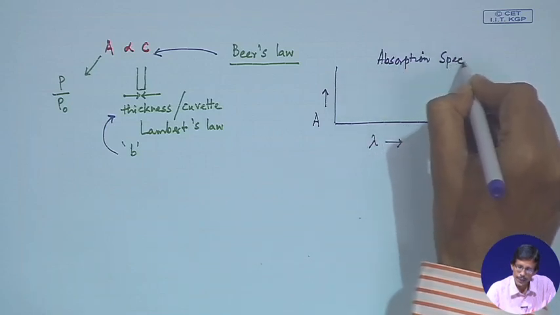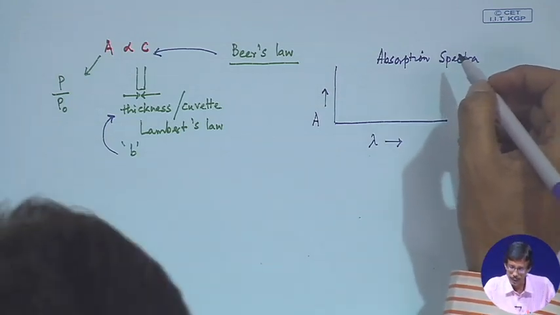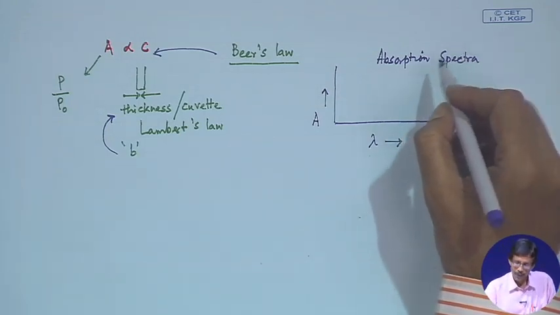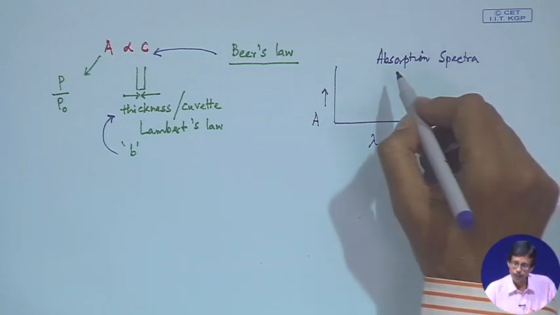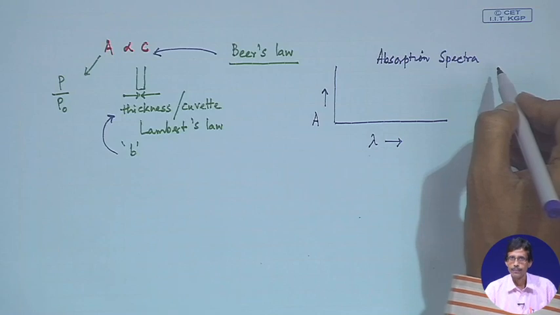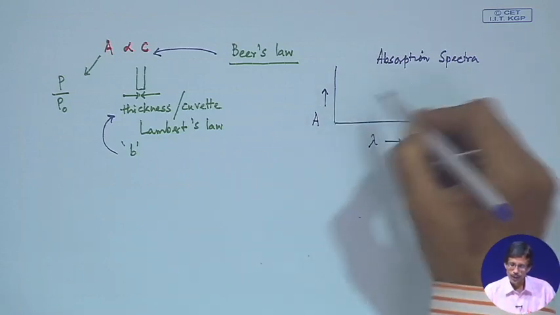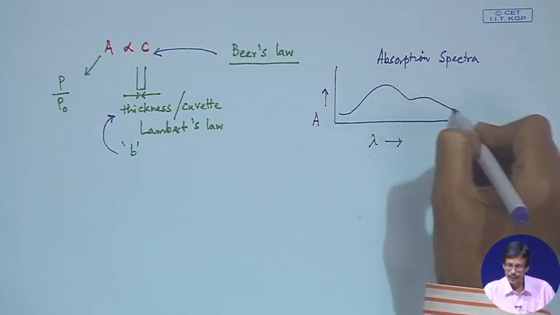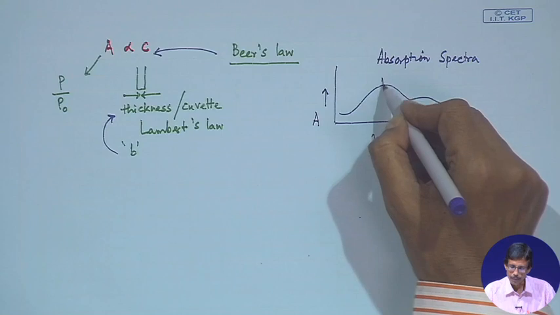This is a very useful terminology in analytical chemistry: for any unknown compound or known compound, we can report its absorption spectra, like NMR spectra or any other spectroscopic technique. You can have this sort of spectral plot with multiple absorptions.